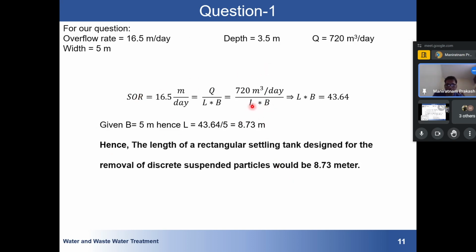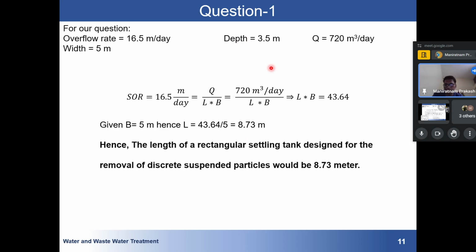Length you have to calculate, width has been given to you, width is 5 meter, and if you put the value, you will get L equal to 8.73. See, in this question there was no use of the depth of the settling zone.